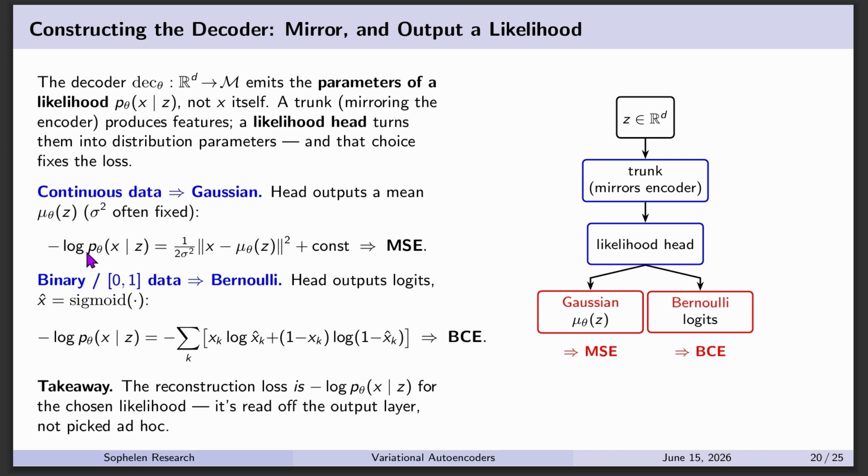From that we have an approximation for the log of the likelihood. Again, because we assume that these are Gaussian, we use the formula for the Gaussian density. So this gives us an approximation for the reconstruction error.